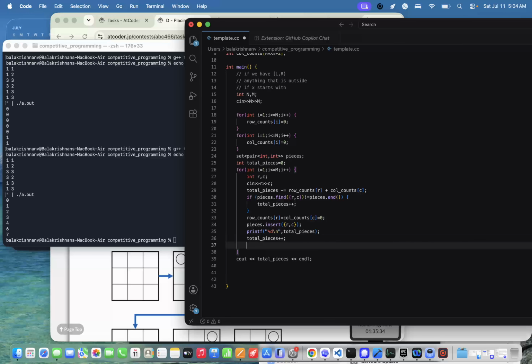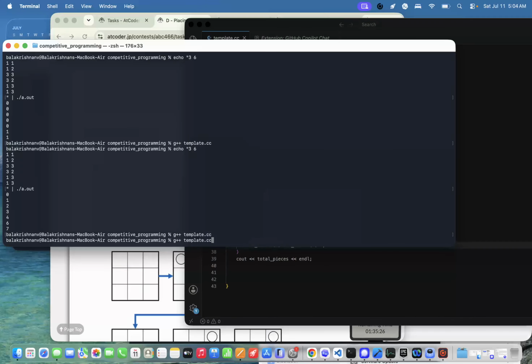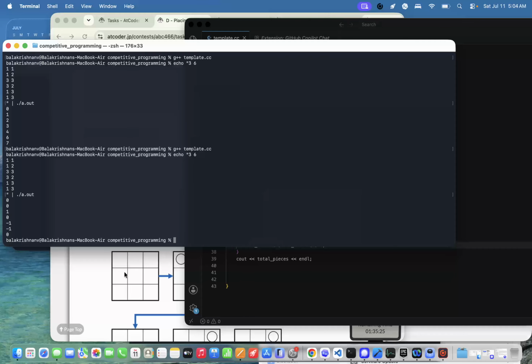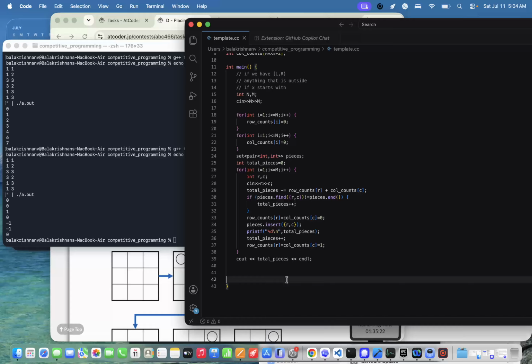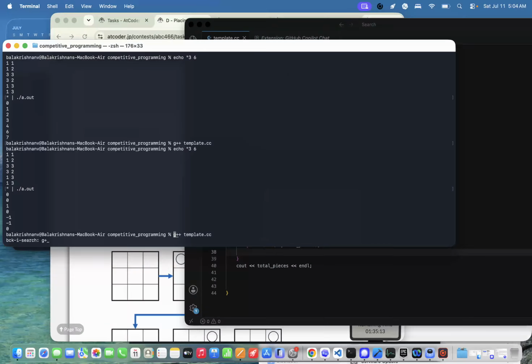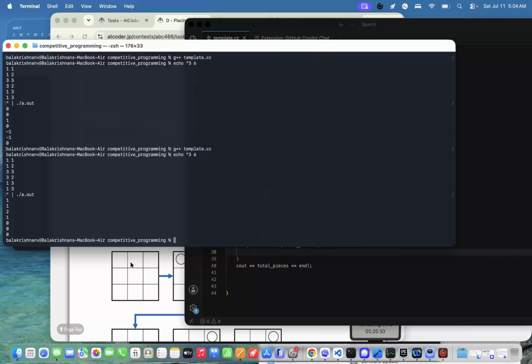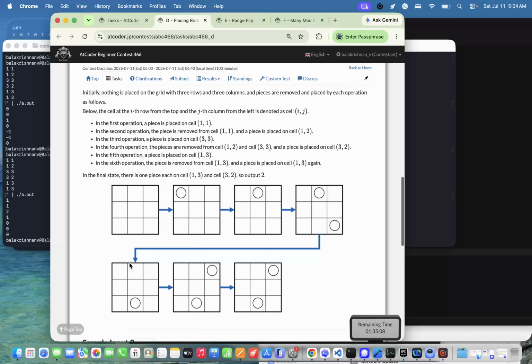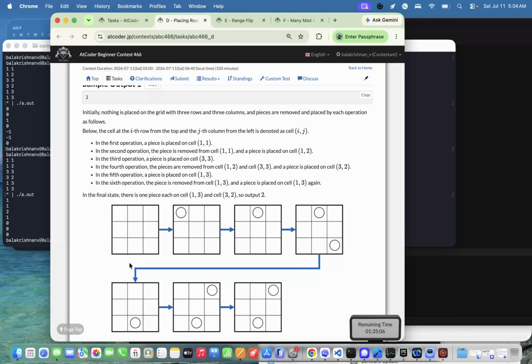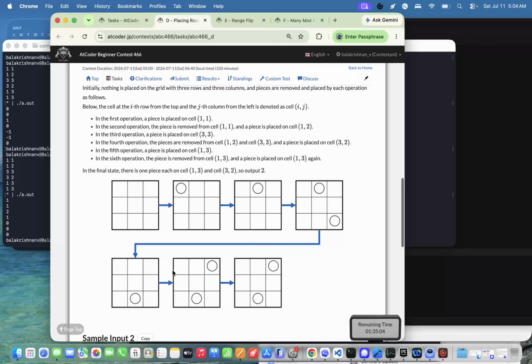Okay, so row counts of R equal to col counts of C. 2, 1.